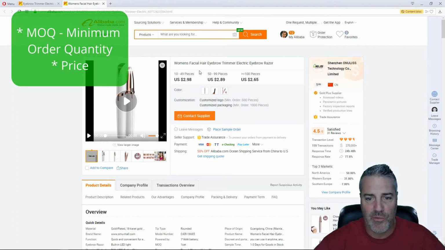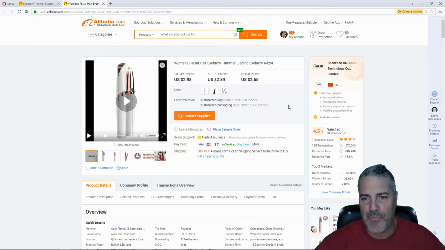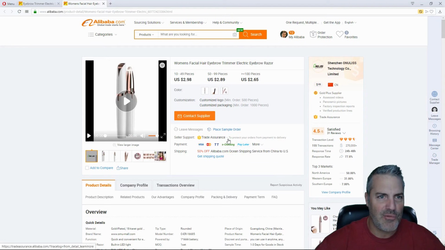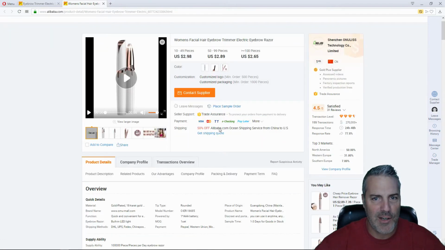So this jumps out to me right away, for obvious reasons. Looks like we can place a sample order, so that's cool. They will allow customized logo on the product for a minimum order of 500 pieces. That's definitely a good thing that they do customization. But really, I'm still trying to kind of underwrite the supplier more so than the price and things.